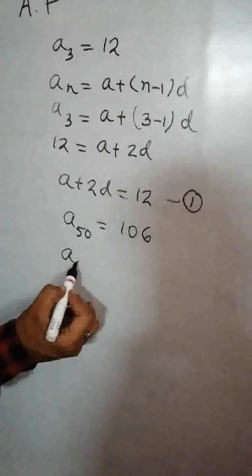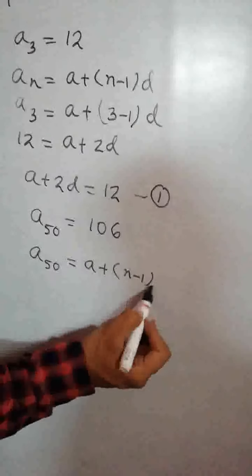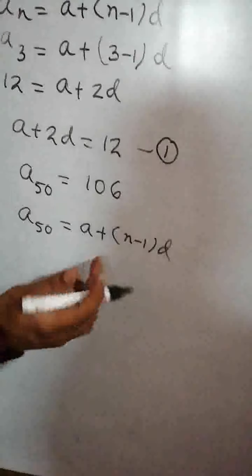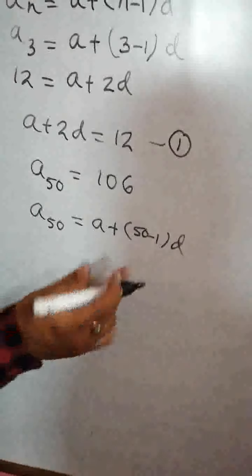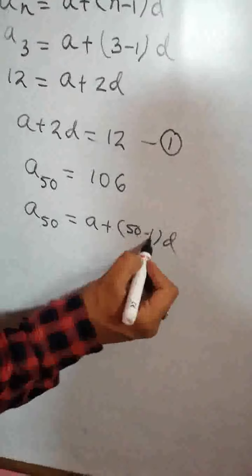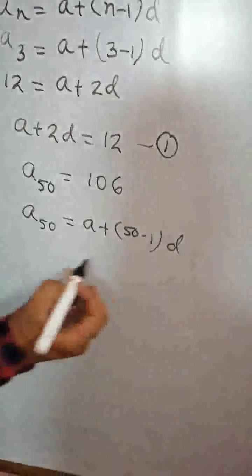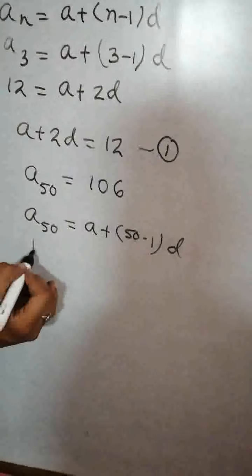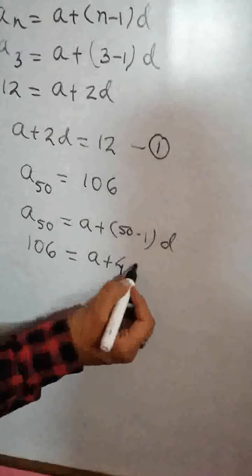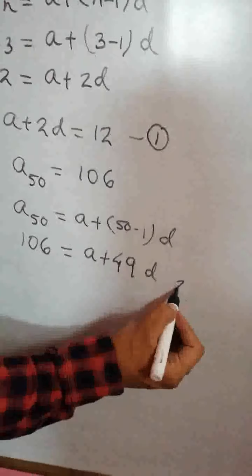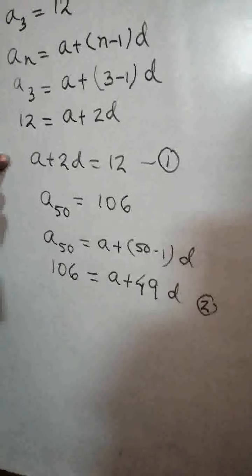Again we put the formula a_50 equal to a plus (n minus 1)d, so here it is 50 minus 1. a_50 is given 106, so a plus 49d equals 106, equation number second.